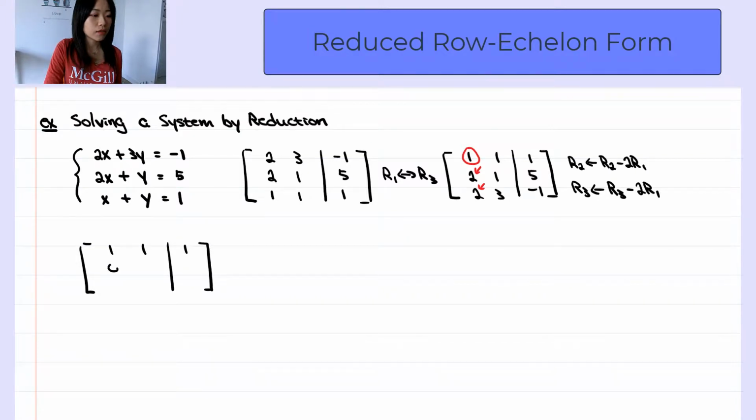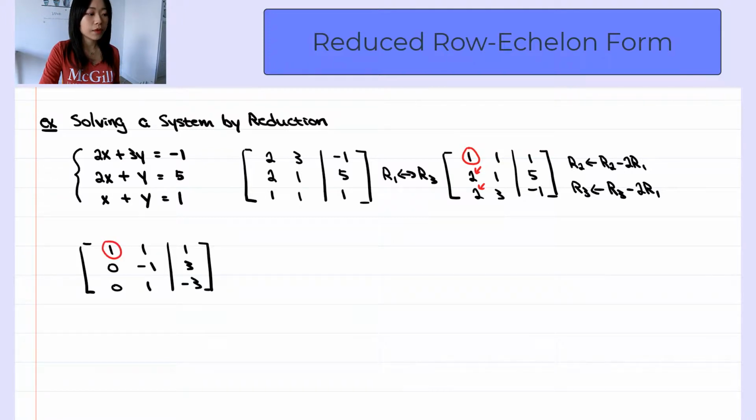Second row is now 0 and 1 minus 2 times 1. That is negative 1. And on the right is 5 minus 2 times 1. So that is 3. Third row is 0 and then 3 minus 2 times 1. That is 1. And negative 1 minus 2 times 1. That is negative 3.